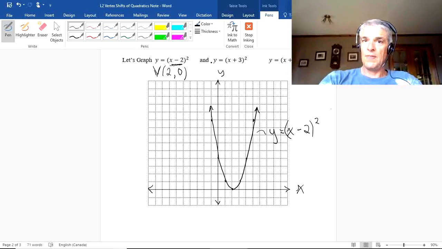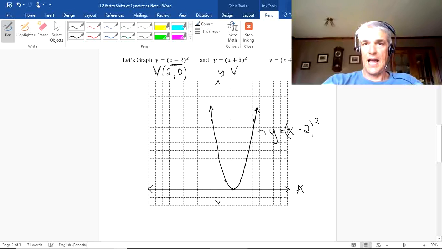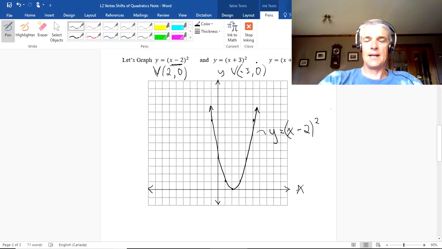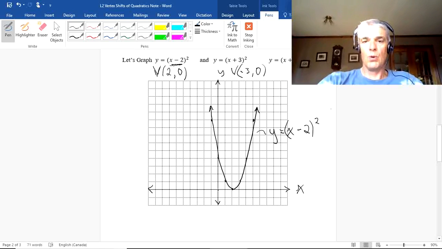Now when we do one that's x plus 3 squared, so y equals x plus 3 all squared, the vertex is actually going to be minus 3 and 0. It's going to shift it to the negative side, the exact opposite. So what we do is we go x is minus 3, 1, 2, 3, and y is 0.